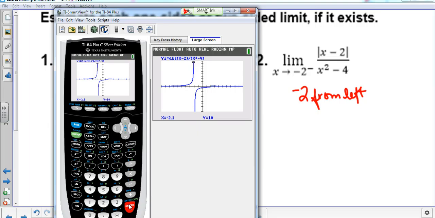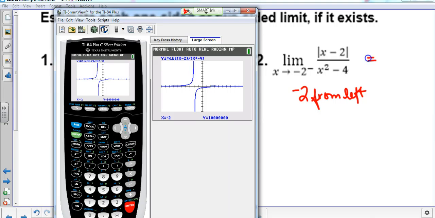Okay, I'm at 19. Negative 2.01. I'm at 100. Good job. Negative 2.001 or 0.0001. What's the value doing? Yeah, it's approaching infinity.